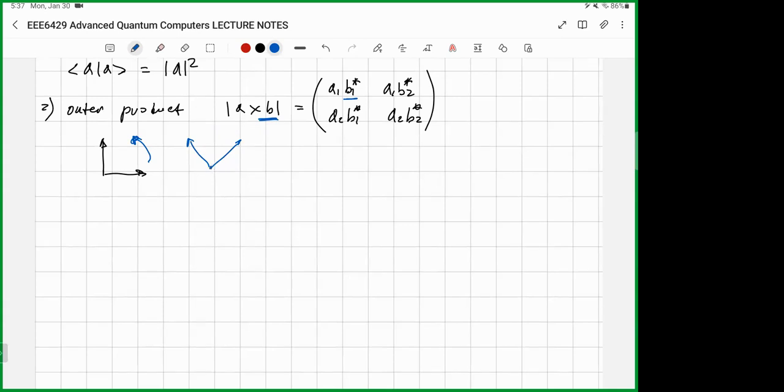So for the following, the basis vectors of great importance are these. The first one, we denote it by the 0 vector, and this is the vector 1, 0, like this, and the vector 1 is the vector 0, 1.